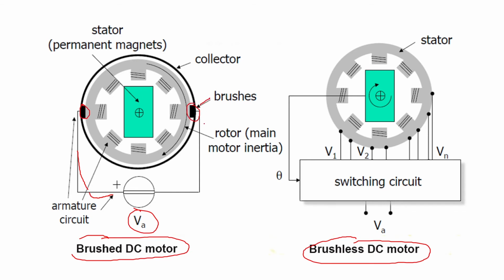This is your rotor, the main motor inertia, the armature circuit, armature winding, and in between you have your stator, which are permanent magnets that are fixed. The magnetic field of the armature and the magnetic field of the stator interact with each other, and in that interaction the part which is free to move will start moving. Here you can see the same type of diagram, only the brush is not there in the brushless DC motor.